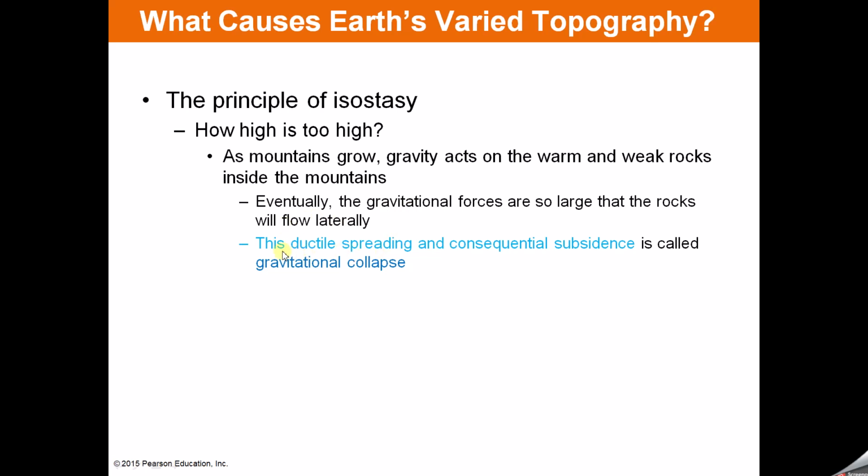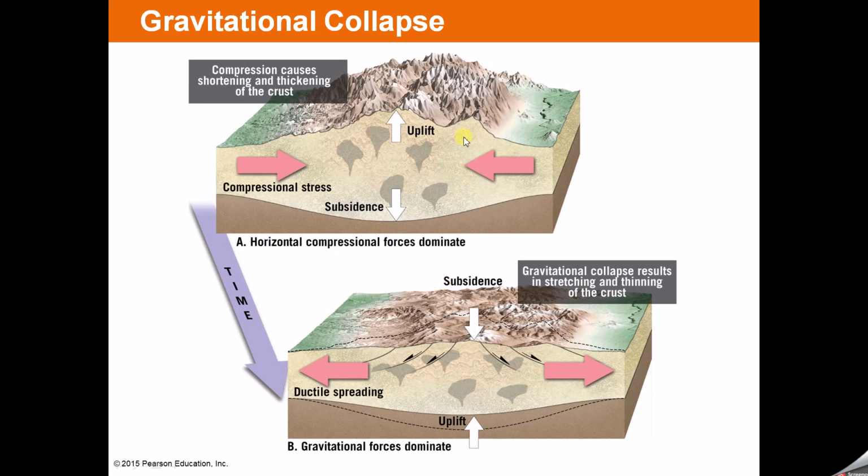I'll explain this. This ductile spreading and consequential subsidence is called gravitational collapse. Yep. So, as we said, when we have mountain building collision, what happened? Rocks will be uplifted, and the roots of the mountains will go deep down, cause subsidence.